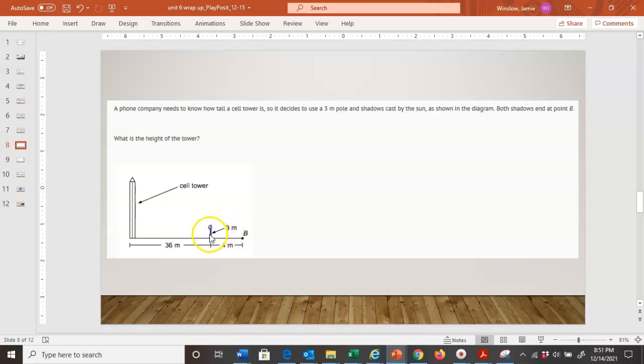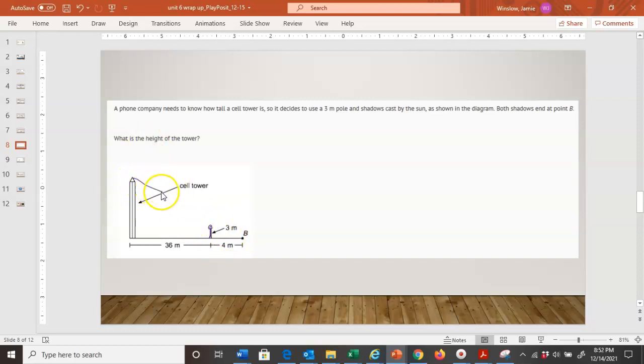That's relatable. And you're looking up at this cell tower and you want to know how tall it is because a phone company needs to know. So it decides to use a 3-meter pole actually. The pole casts a shadow by the sun as shown in the diagram. Both shadows end at point B. So the tower is casting a shadow and the pole or the person holding the pole is casting a shadow.